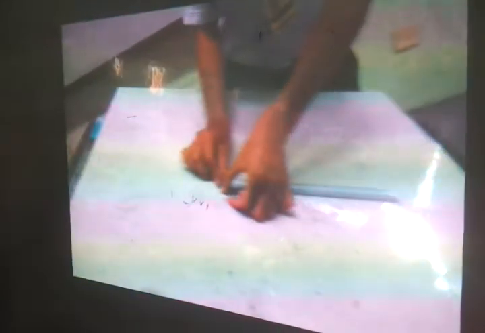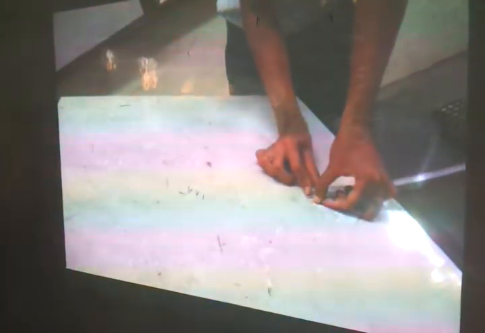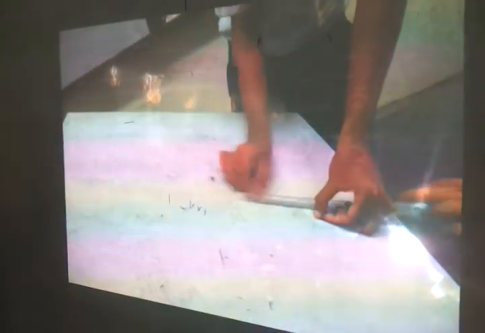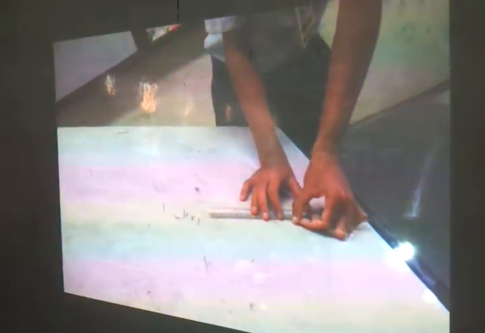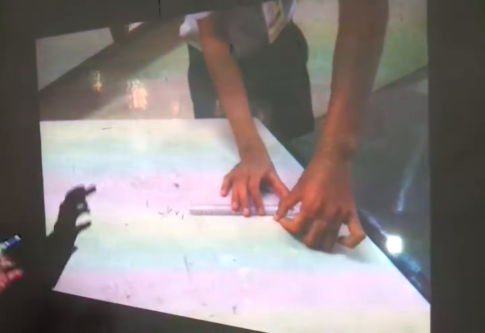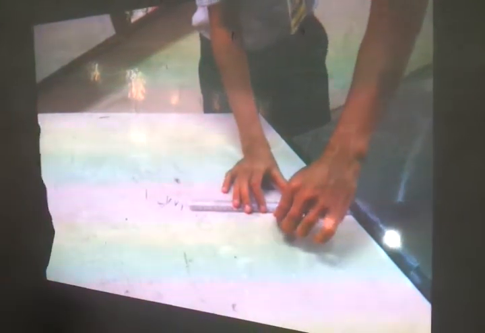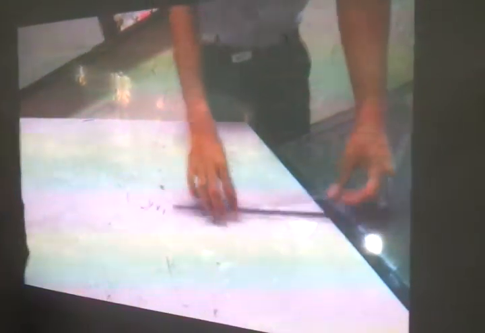This is the process of how to take the distance, the displacement. So the length will be 74.5 cm.